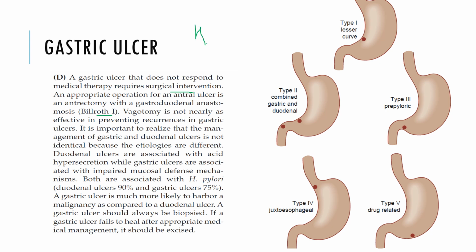Both are associated with H. pylori, but mainly duodenal ulcer is associated with H. pylori. So for both, you have to focus on H. pylori eradication. Gastric ulcer, the mucosal membrane is damaged. Duodenal ulcer is associated with acid hypersecretion.